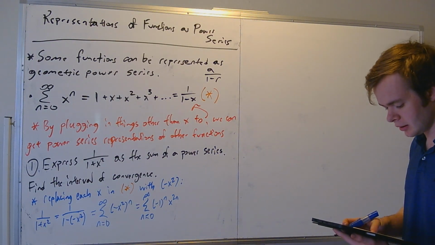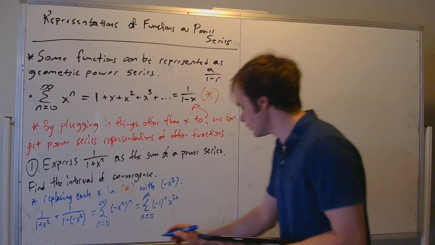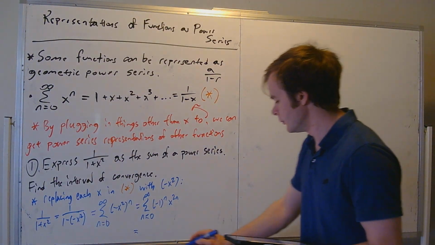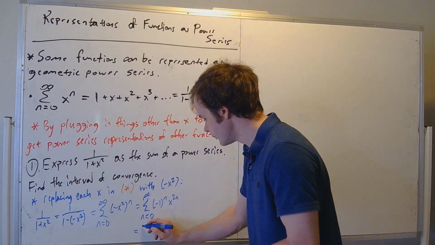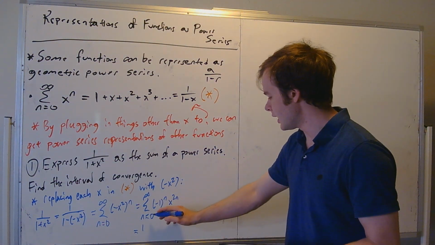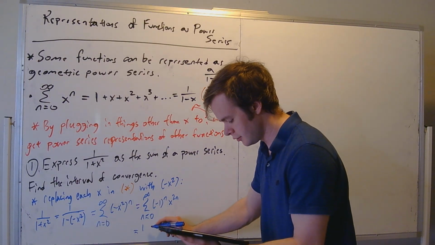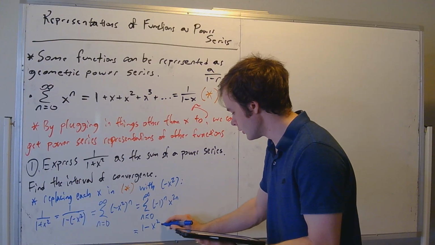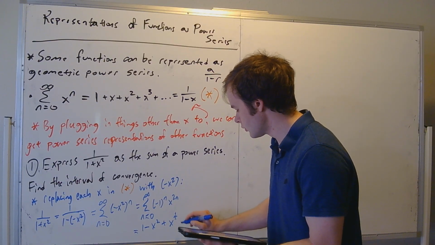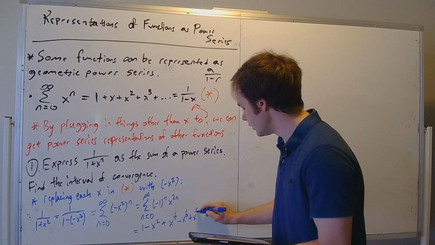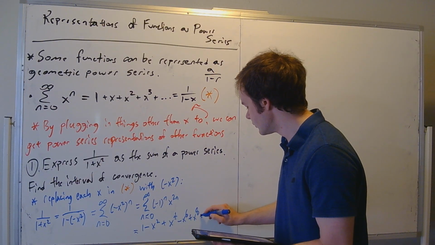Now we write out what this looks like. If you plug in n equals 0 here, you're going to get 1. Then if you plug in n equals 1, you get minus x squared. Next would be plus x to the 4th, then minus x to the 6th, plus x to the 8th, and so on.